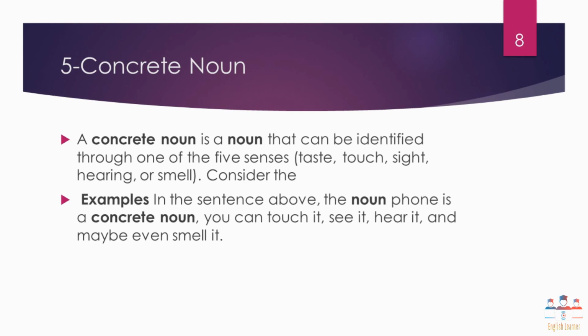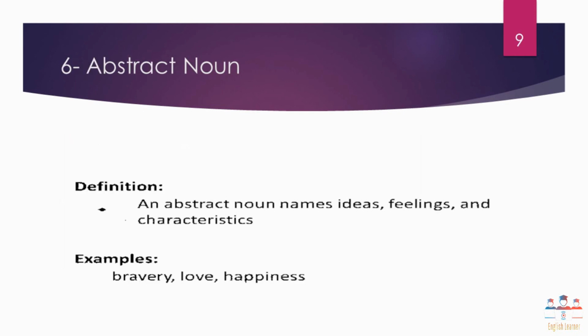For example, a phone is a concrete noun. You can touch the phone, you can see it, you can hear it, and maybe you can even smell it. The next category in the noun types is abstract noun.